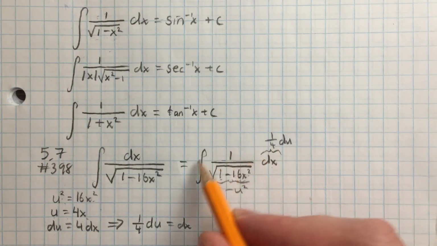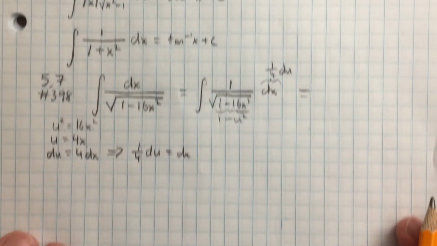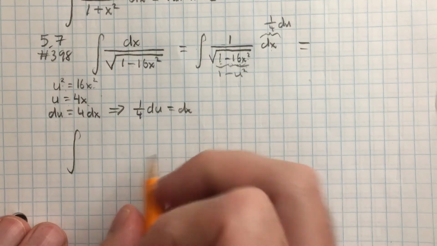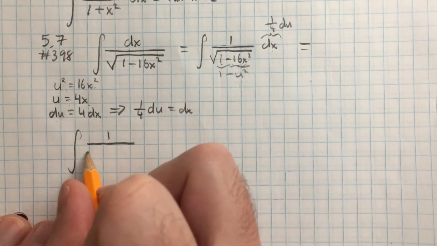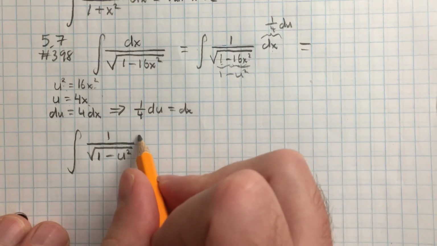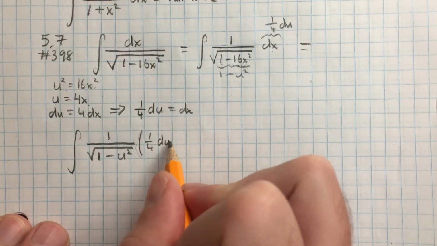The 1/4 I'll push to the outside. So we'll have the integral of 1 over root 1 minus u squared. And I know I'm going to put 1/4, I'll just go ahead and write it, 1/4 du.